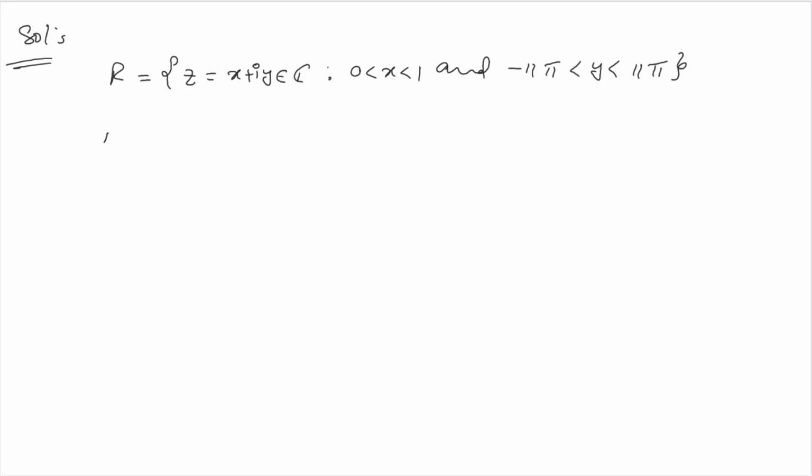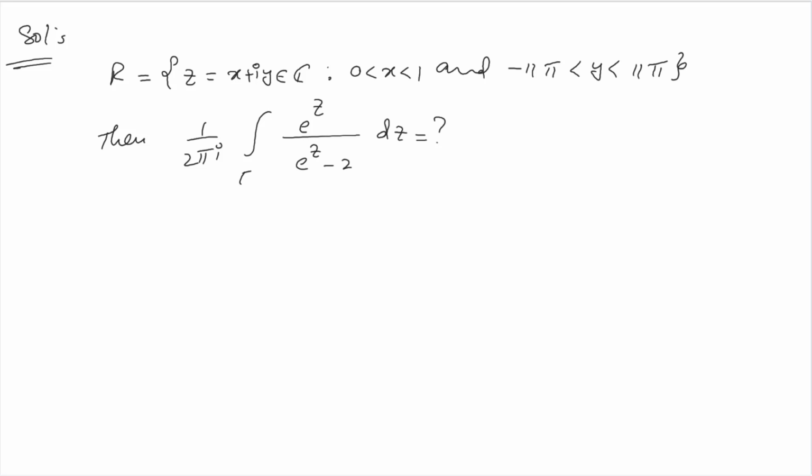Then it is asked 1 divided by 2 pi i times integration over gamma, the function f is given as e to the power of z minus 2 dz. The value of this integration we have to calculate.